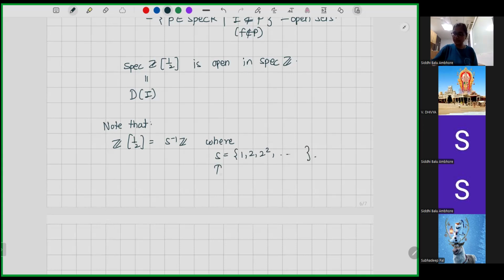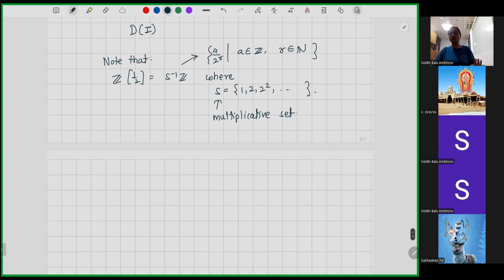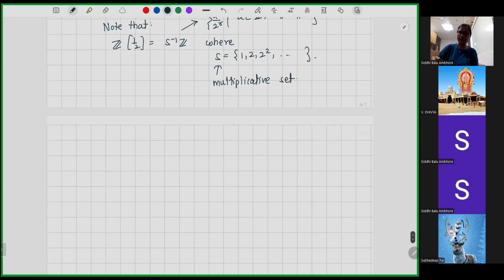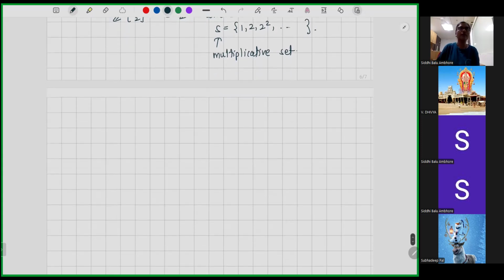This is a multiplicative set, and the elements are of the form a by 2 power r, where a belongs to Z and r belongs to N. This is the set which we have, and in the lectures we have already seen this proposition, as Subhadeep said, which is completely correct.